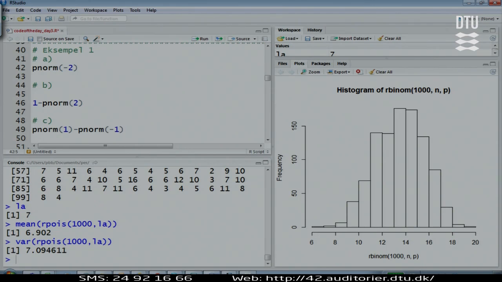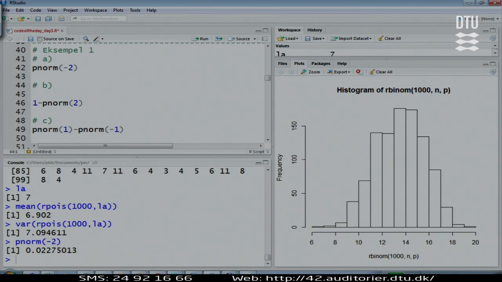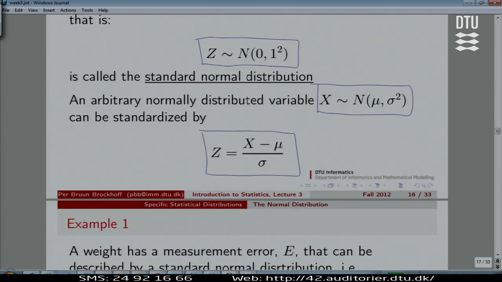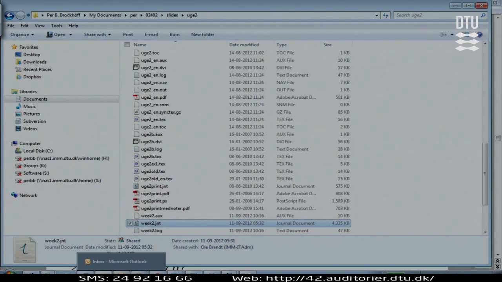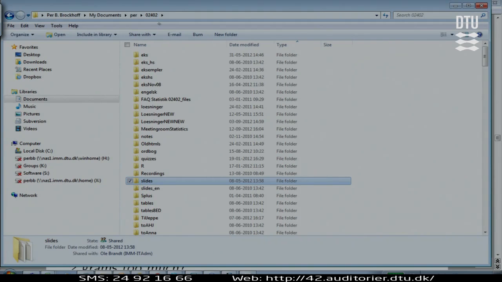There are options for mu and for sigma squared, but it assumes 0 and 1 if you don't tell it anything. So I run this one, and I get 0.0228. Let me just show you also that, of course, we could also find it in the tables.